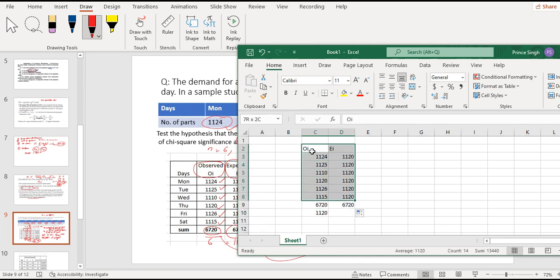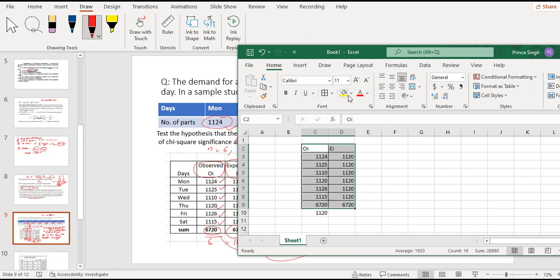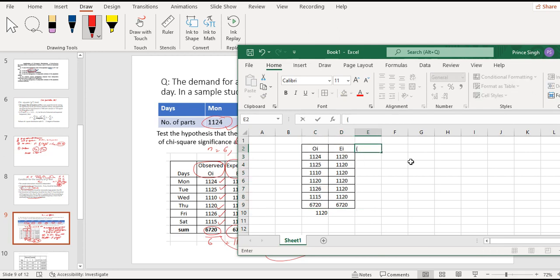So let us consider this particular table here. This is the table available with us, right? Now what is the next step? The next step is that we have to calculate the test statistic. Firstly we need to calculate observed frequency minus expected frequency, right?